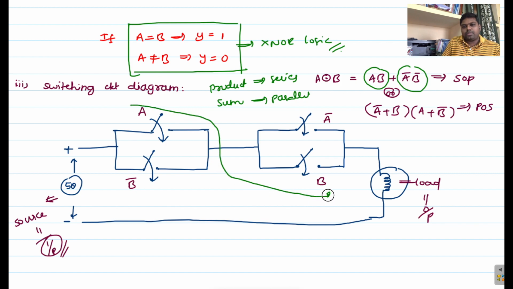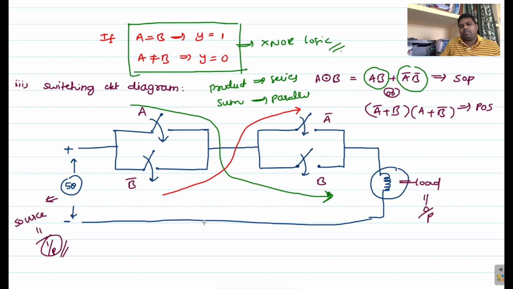These two are in series connection. If you ignore the A bar and B bar switches, then AB forms a series connection. In the same way, if you ignore the A and B switches, then A bar B bar will form a series connection. And these two series connections are in parallel.